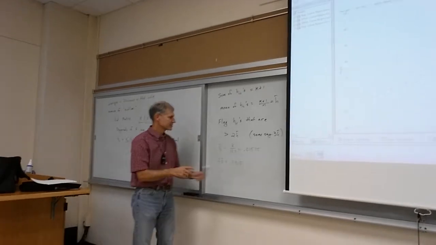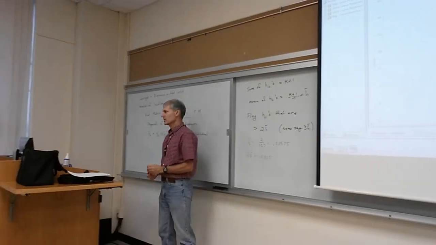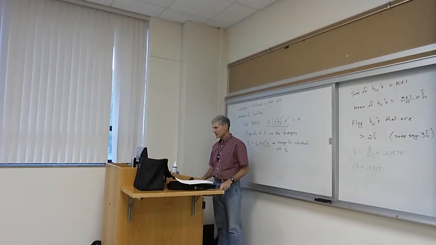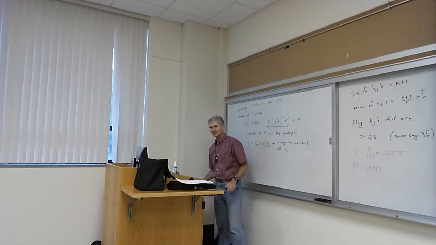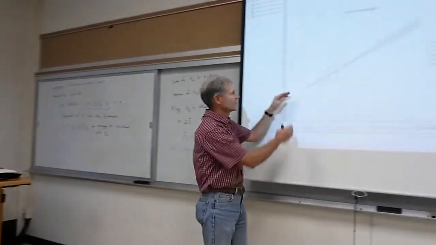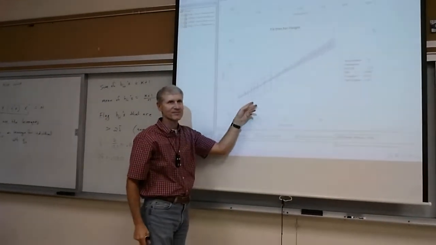All right, so anything that's bigger than that for a hat value, we're going to think is a potential outlier. So I'm going to start paging up. There's the fit plot. I like this fit plot for this particular data because you see the usual flare in the confidence bands.